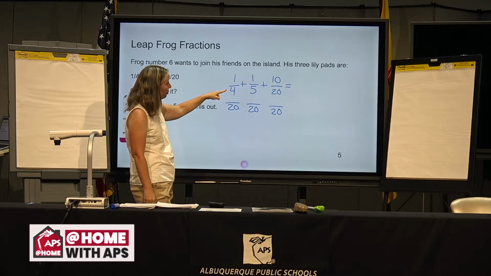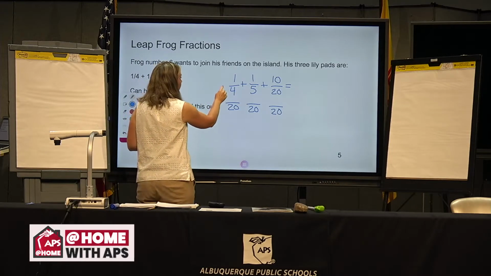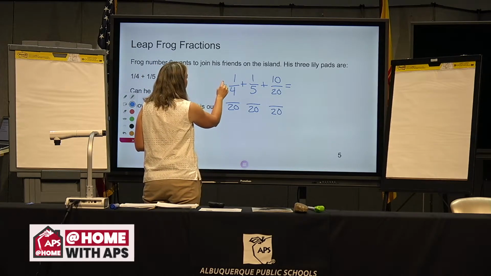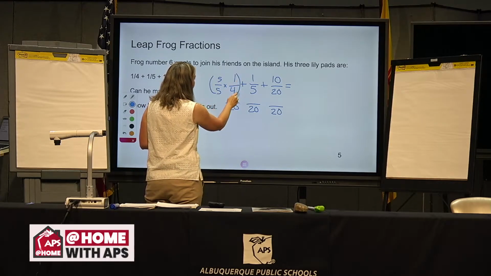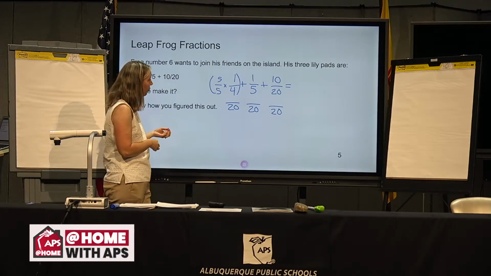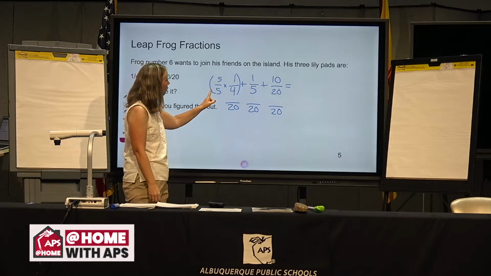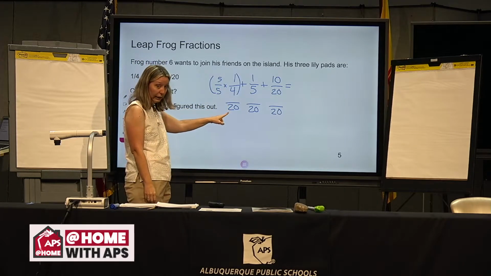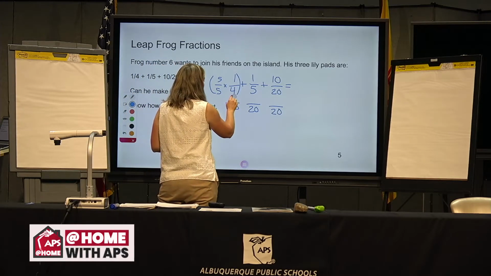So I can multiply 4 by 5 to get to 20. I'm going to put it in parentheses so we know it's only this one that I'm working with. I'm going to multiply 1/4 by 5 over 5 to find an equivalent fraction. So 5 times 4 is 20.